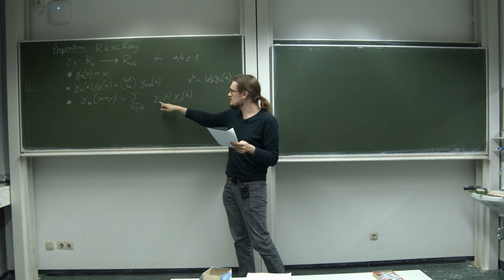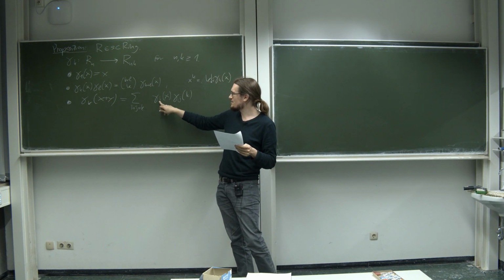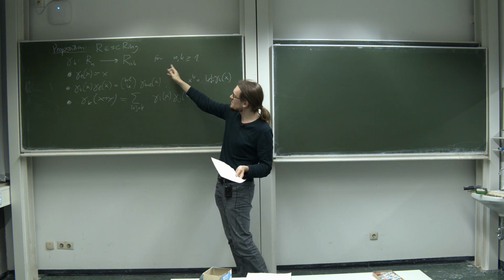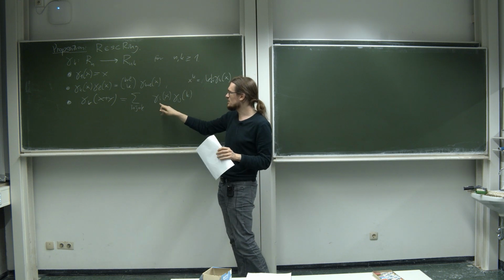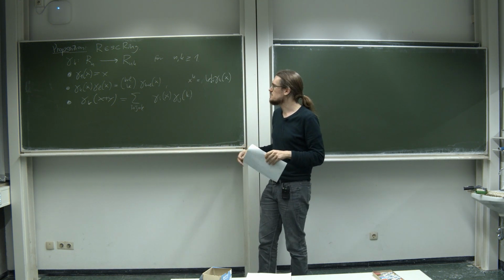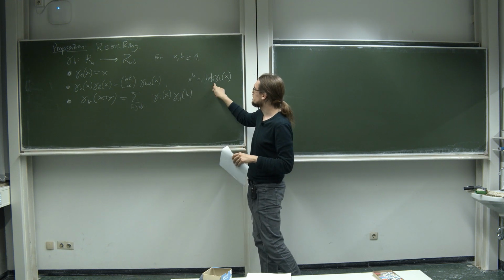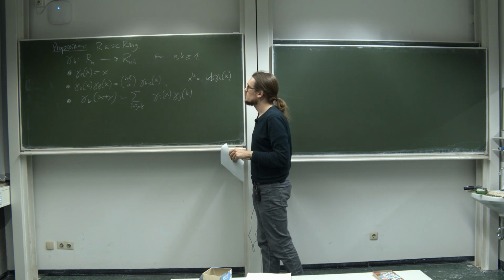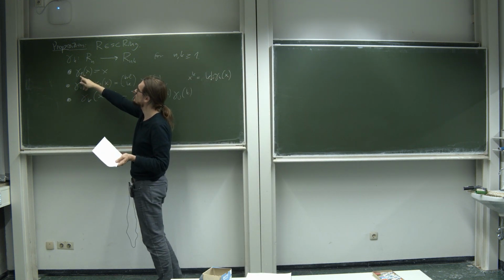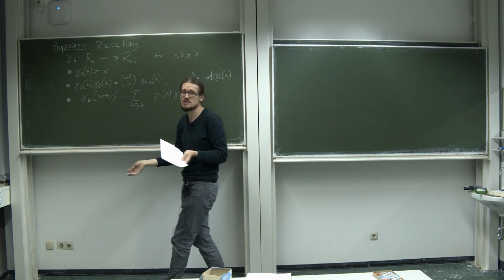So this includes summands where i is 0 or j is 0. I guess we haven't defined them in that case, but by convention, let's just say that gamma 0 is always 1, right? Which makes sense in light of this property. I guess we could have allowed 0 here and then just said as one of the properties that gamma 0 is always 1.